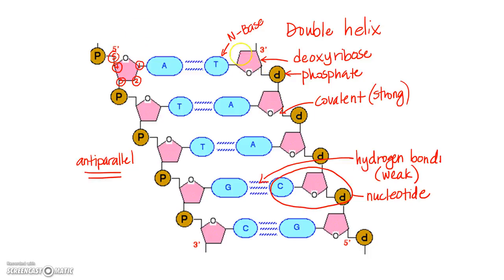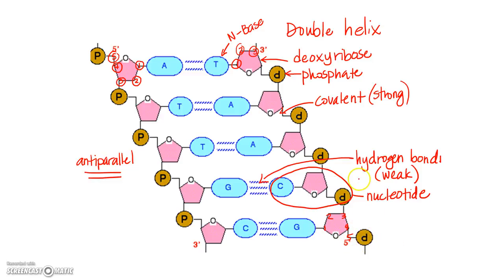On this side though, okay, we always count clockwise from the oxygen. So that's 1, 2, 3. The 3rd carbon is at the edge here. So that's why this is the 3' end, this is the 5'. So when you come down here, this is the 5 carbon. So 1, 2, 3, 4, 5, okay?